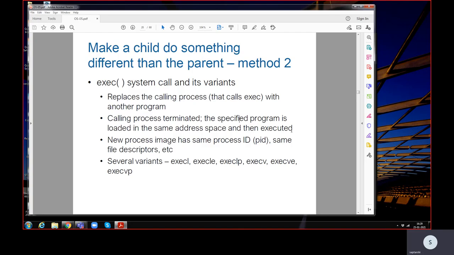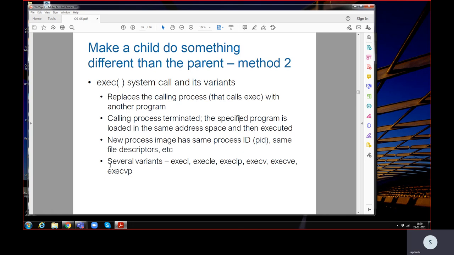Since you had called exec ls, it will now run with the code of ls. So this is another way of making a child do something different than the parent. I'll explain this part with an example. And the new process image has the same process ID, same file descriptors, etc.